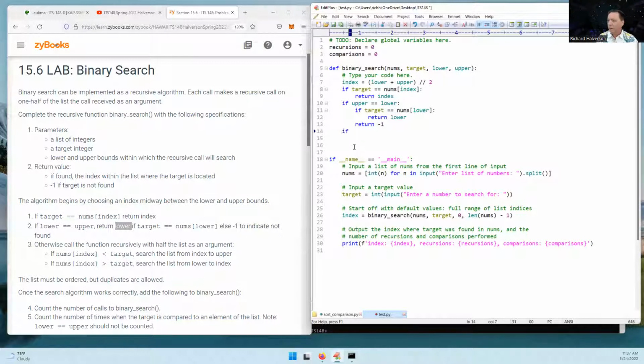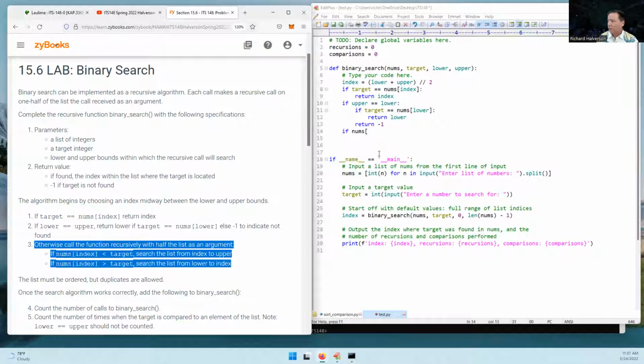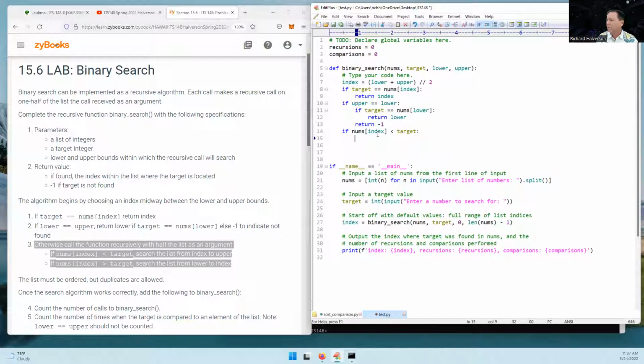So I do if nums of index is less than the target, that means the target is above nums index. So that means I've got to do a binary search on the upper half.